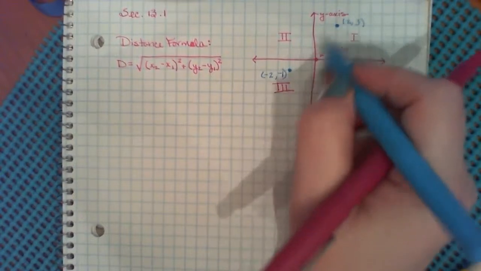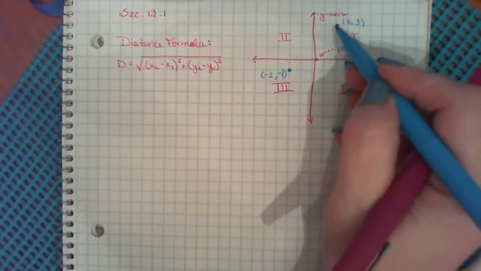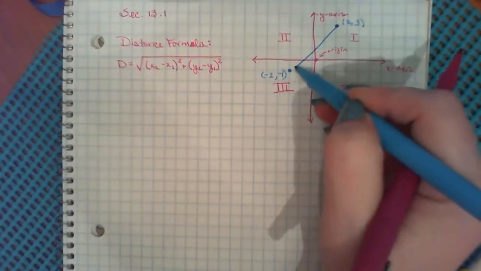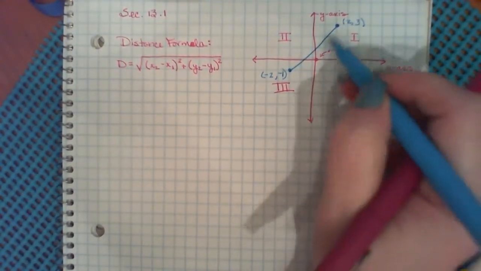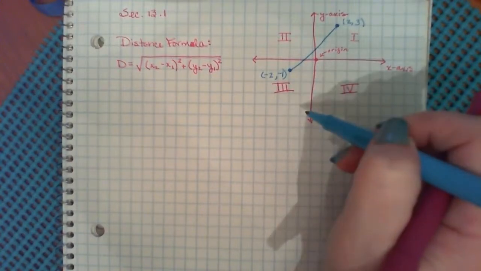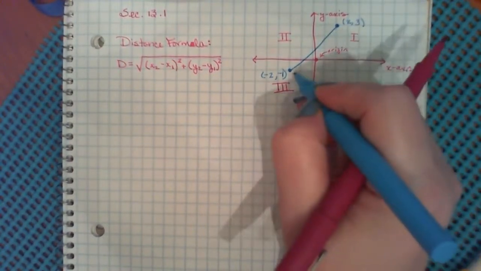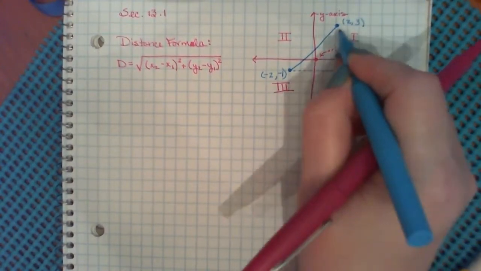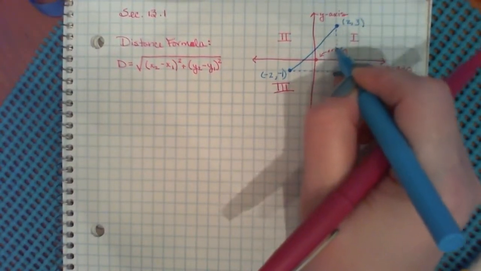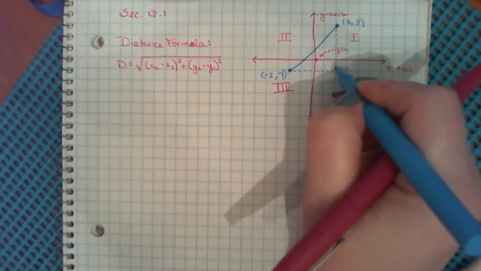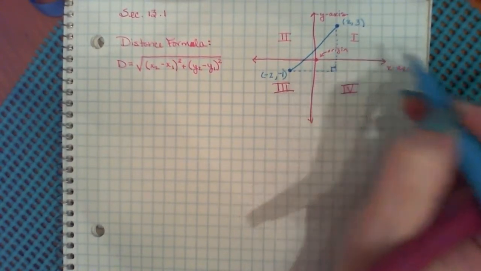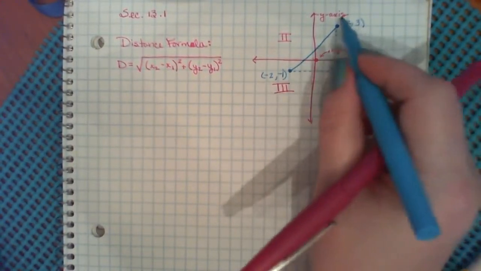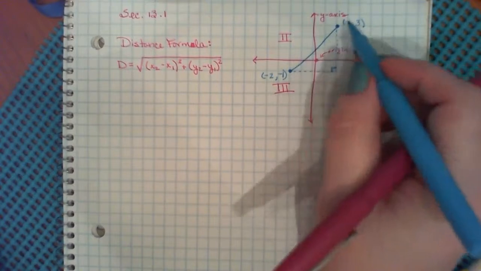If I wanted to know the distance between those 2 points, what I'd really be asking is what is the distance of this particular line? Since we're talking about the distance of that particular line, you could think of it as being the hypotenuse of this right triangle. So all we really need to know is what this side is and that side is, and then we can find the hypotenuse to get that.